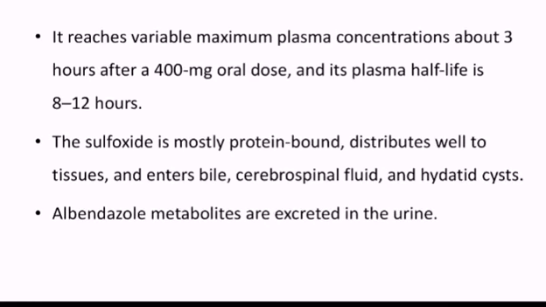After that it reaches variable maximum plasma concentration about 3 hours after a 400 milligram oral dose, and the plasma half-life is 8 to 12 hours. The sulfoxide is mostly protein bound, distributes well to tissues and enteral bile, cerebrospinal fluid, and hydatid cysts. Albendazole metabolites, all of them, are excreted in the urine.